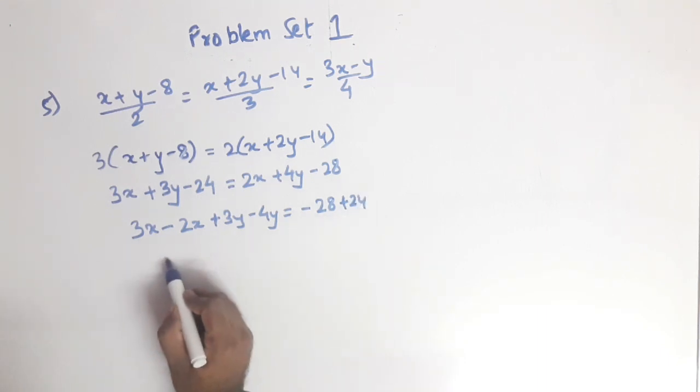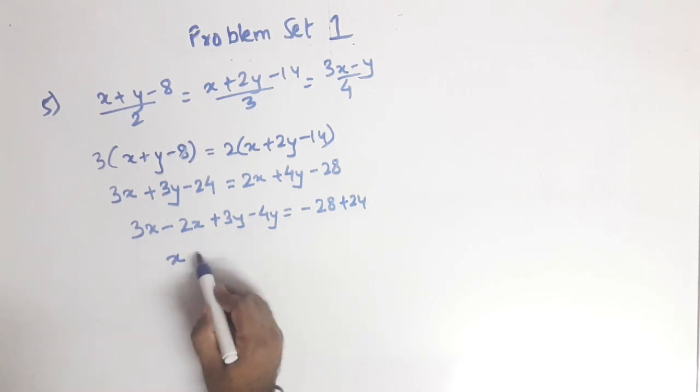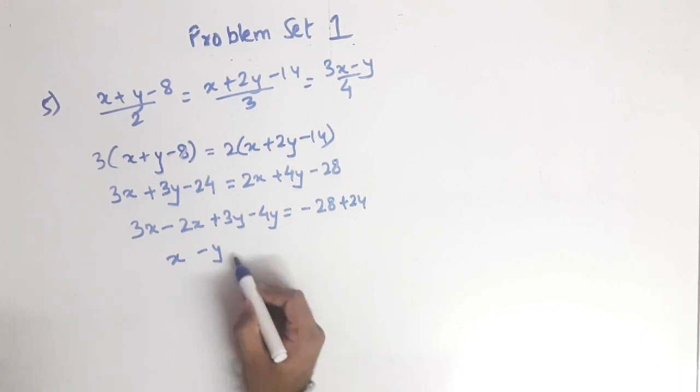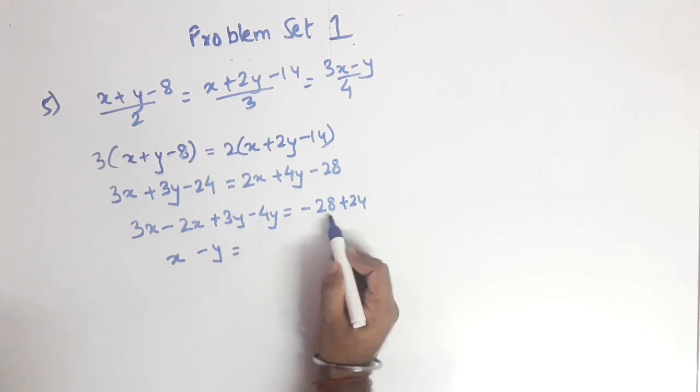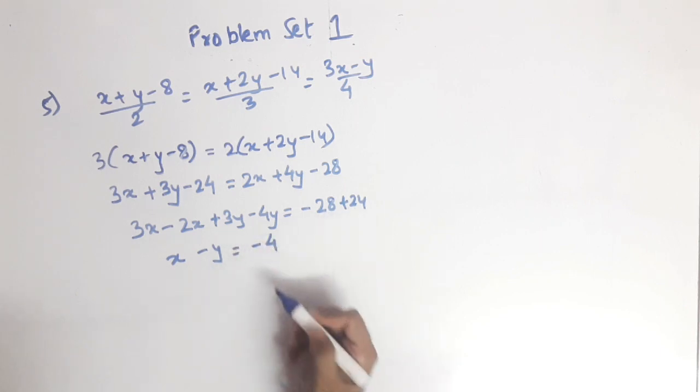Okay, so this we got 3x minus 2x is 1x plus 3y minus 4y is minus 1y equals to, this becomes what? Minus 28 plus 24 is minus 4.